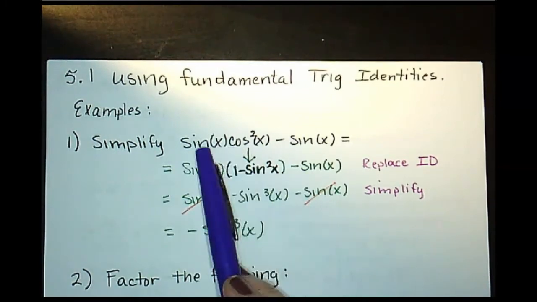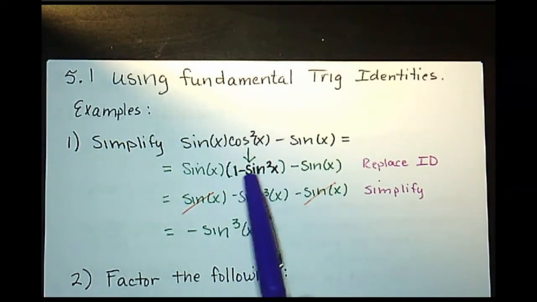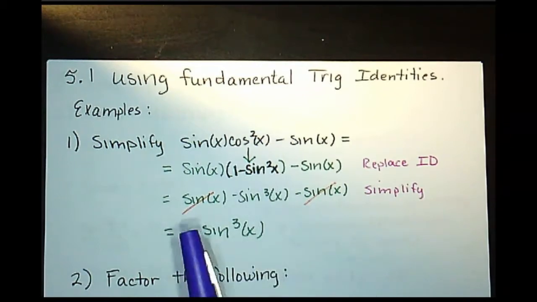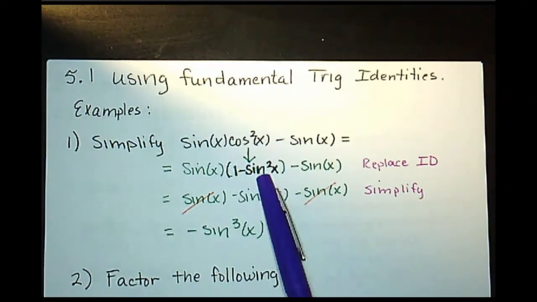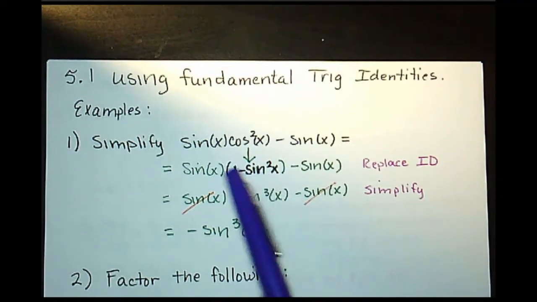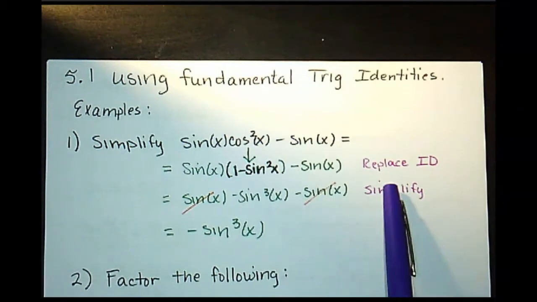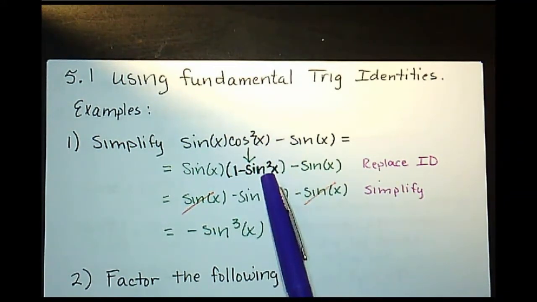The first thing I said was, okay, we've got sine and cosine, those are different functions. And if it has a power of 2, then I know I'm working with the Pythagorean identity. So I replaced cosine squared x with 1 minus sine squared x. Now notice everything is in the same trig function. That's what I mean by replaced with an identity. I took cosine squared x and replaced it with the other side of the identity.